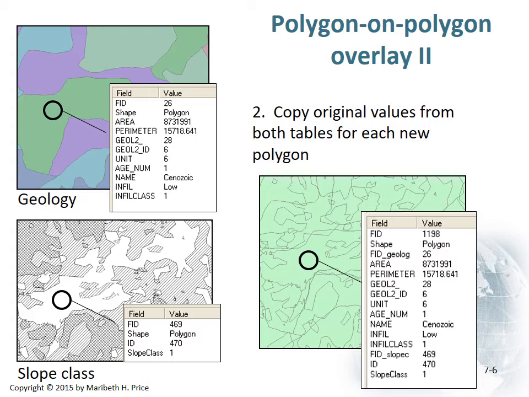But here we want these because each of those little polygons is a different combination of features from the geology input data set and the slope class input data set.